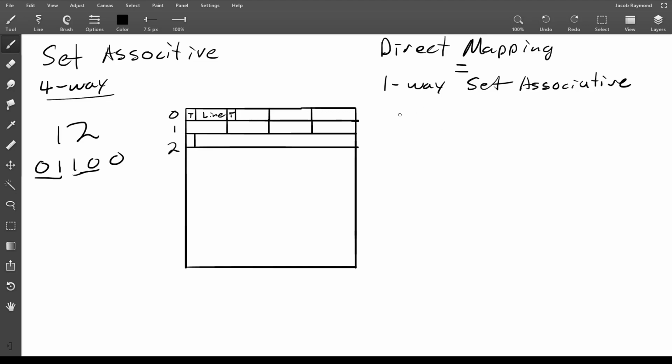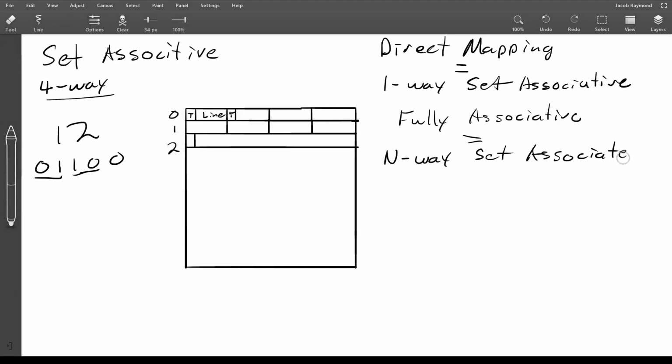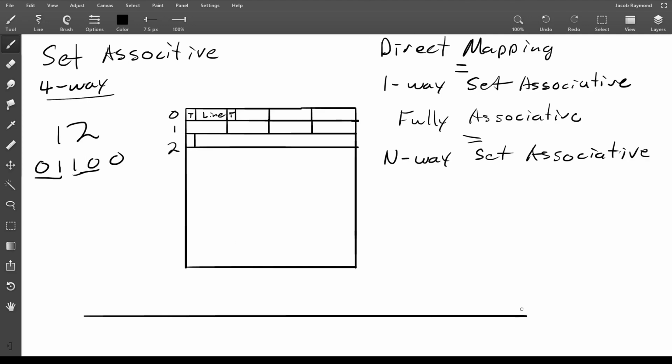And we can also think of fully associative as being sort of like n-way set associative. It's a little bit bizarre, but I like to think of it as a spectrum. So we have this ray here. We start at the beginning with one-way set associative, which is the same thing as direct mapping.